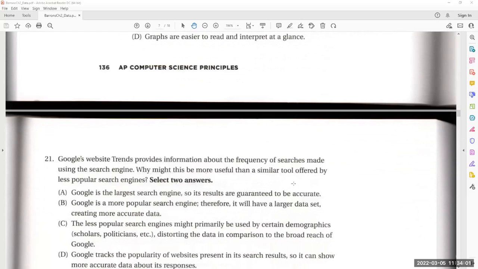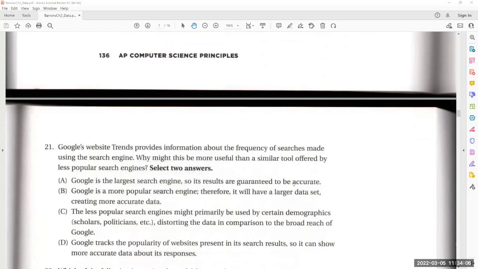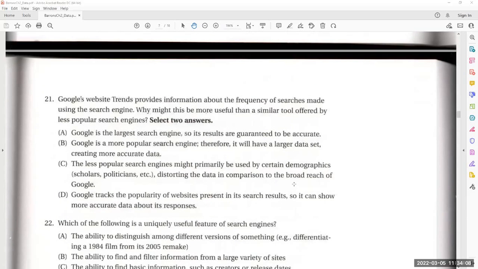21, okay, 21 is about trending again. Let me find another one. Malcolm. 21. This one is also a pick 2 problem.